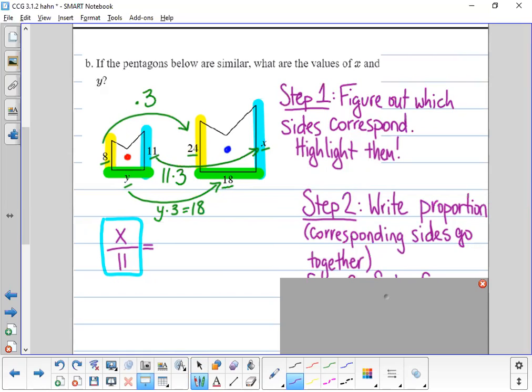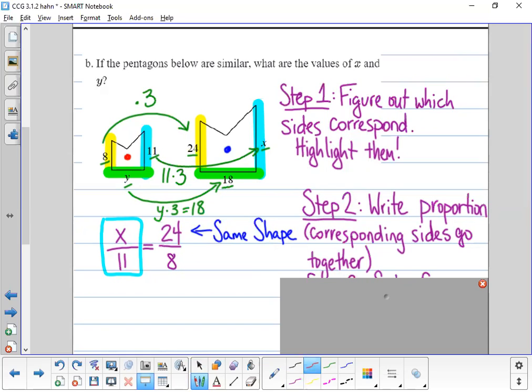Now X is in my blue shape, so I need to put the value from my blue shape in the top, because I want the numbers in the top of both to come from the same shape. So these are from the same shape. They're from the blue shape. And I want the numbers in the bottom of my fraction to come from the same shape. So 11 was in my red shape, so I'm going to put 8.